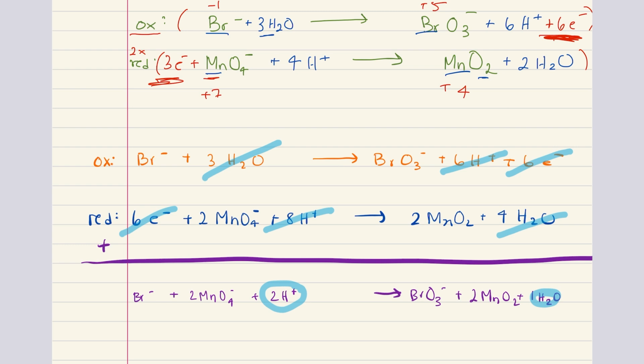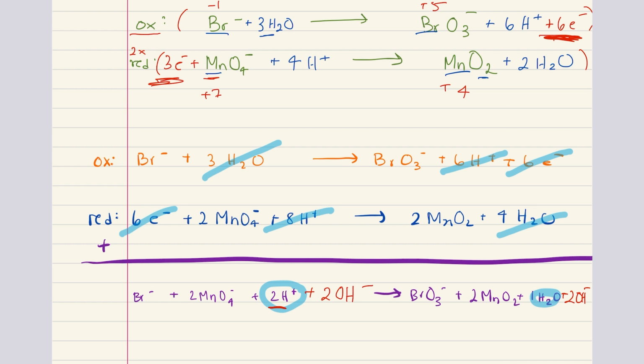In a basic solution, the concentration of H plus is not high enough for it to occur in the balanced equation. So this reaction actually has 2 H plus ions on the reactant side, which means we need to go ahead and add 2 hydroxide ions to both sides, right? We want it to be balanced. What we do to one side here, we have to do to the other in terms of adding hydroxide ions.